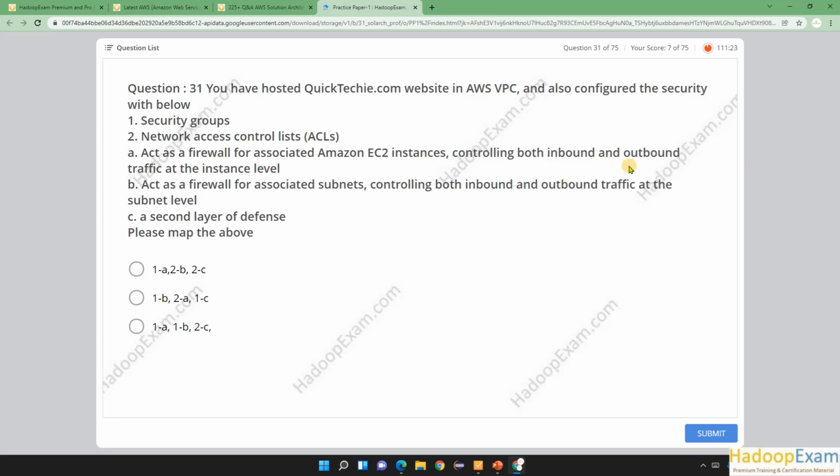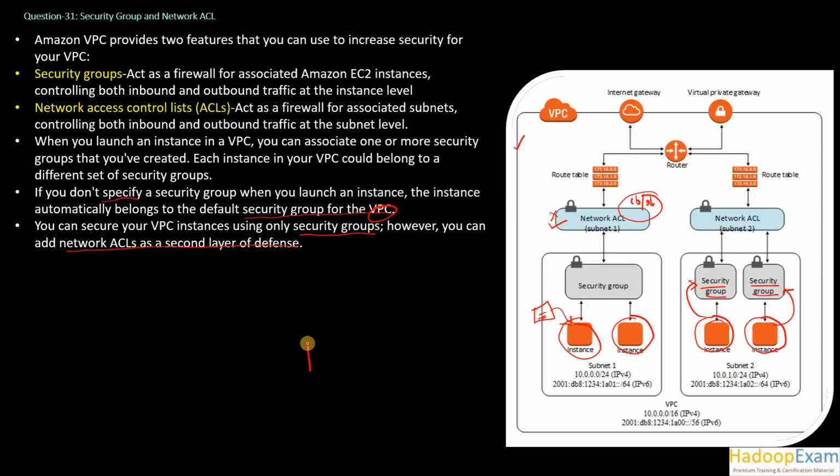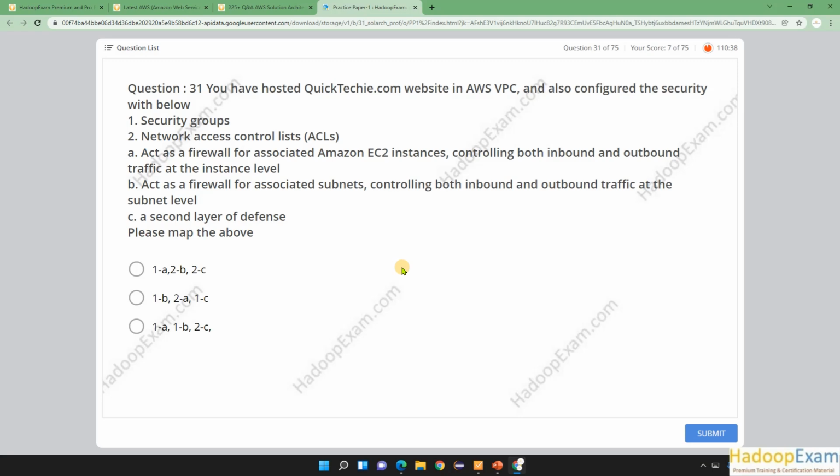Basically, if there is an instance with this security group and traffic is allowed to go out to fetch some data from the internet, the response is allowed by default, no matter what rule you define. That is a very important point you need to remember. So 1A is correct.